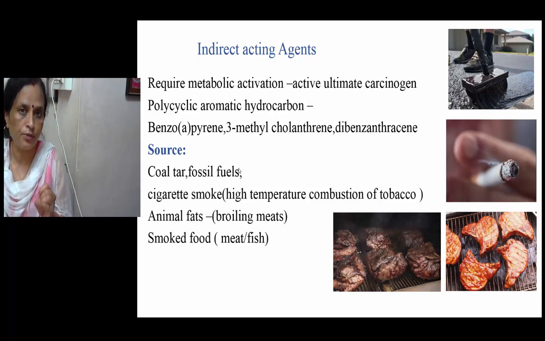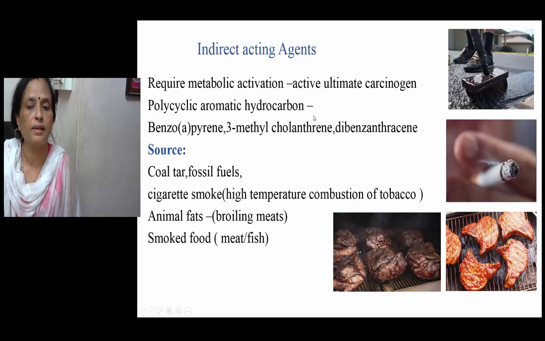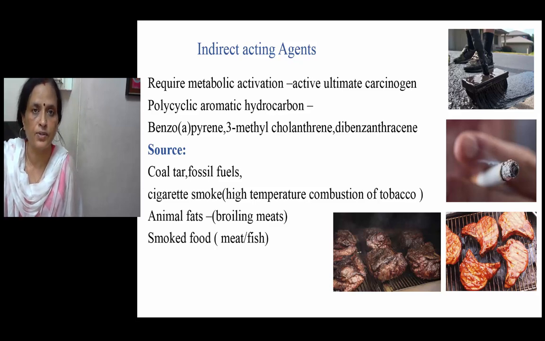Do you remember the smoked foods? Meat, fish and all that. So all these are sources where the main carcinogen is polycyclic aromatic hydrocarbon. So they come under indirectly acting agents.